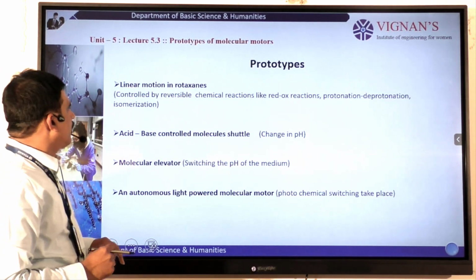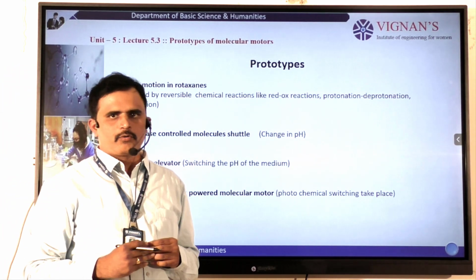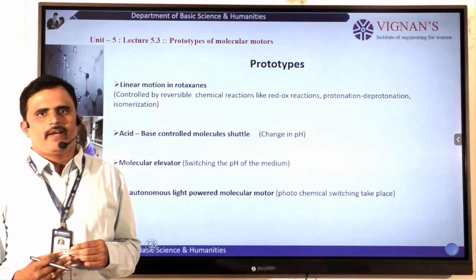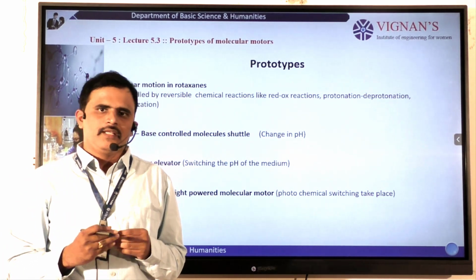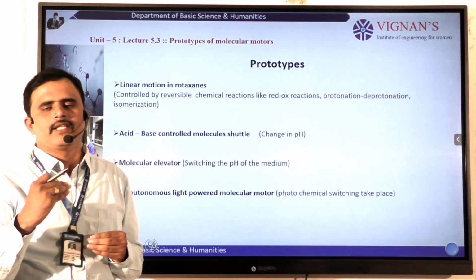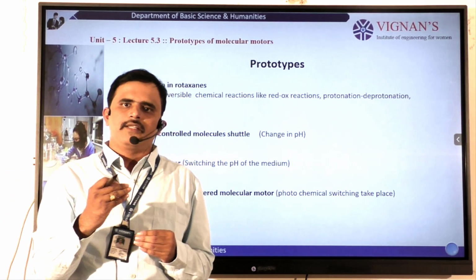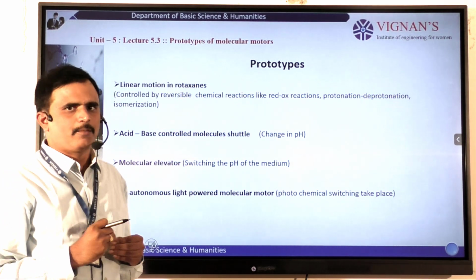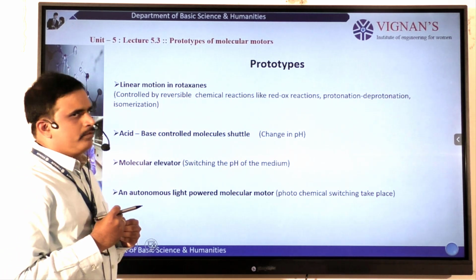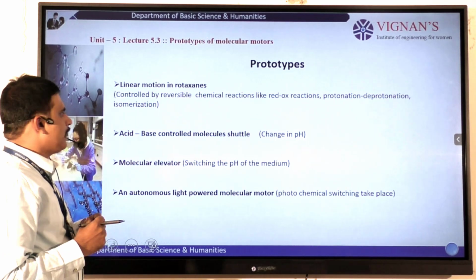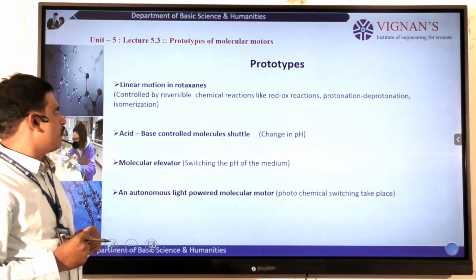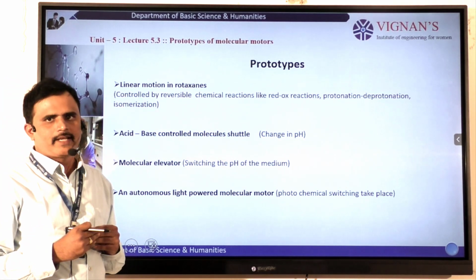Now coming to the different types of prototypes. With the help of acid, light or energy, these types of molecules can change their structures or their physical and chemical properties. These prototypes we can consider in four ways. The first one is linear motion in rotaxanes.